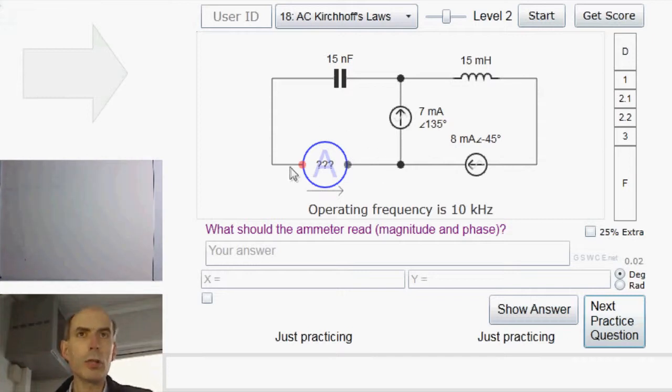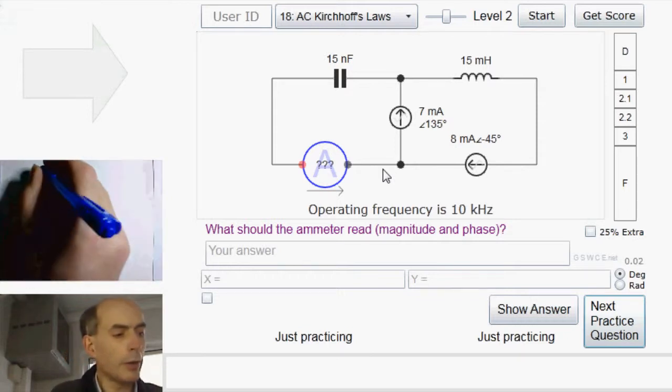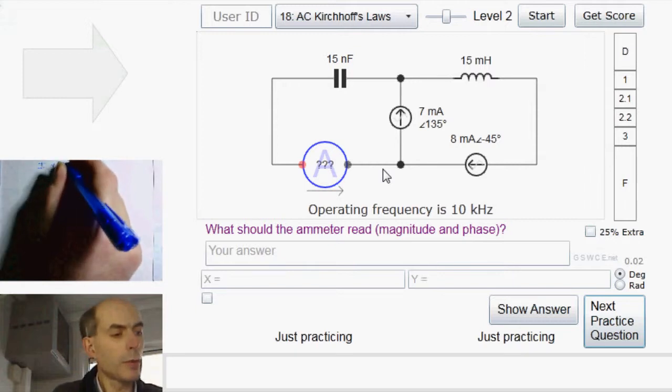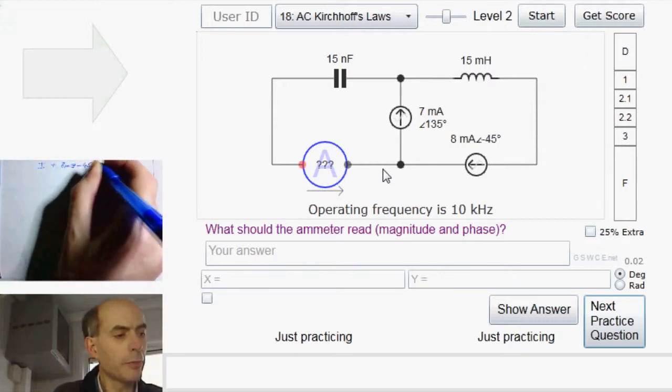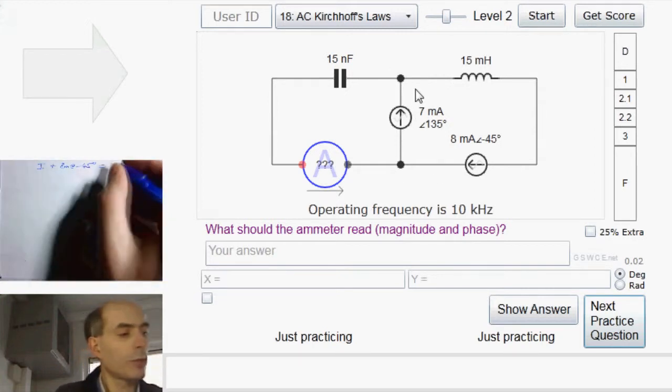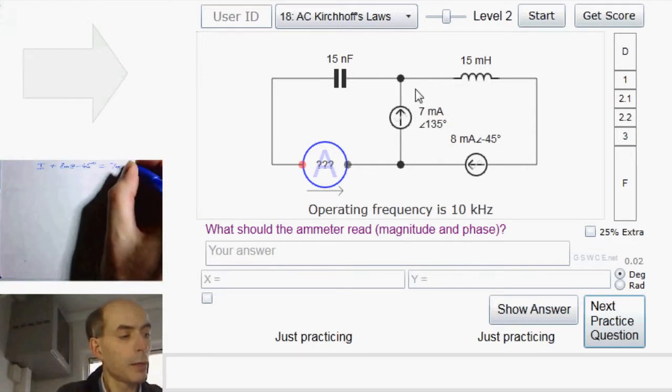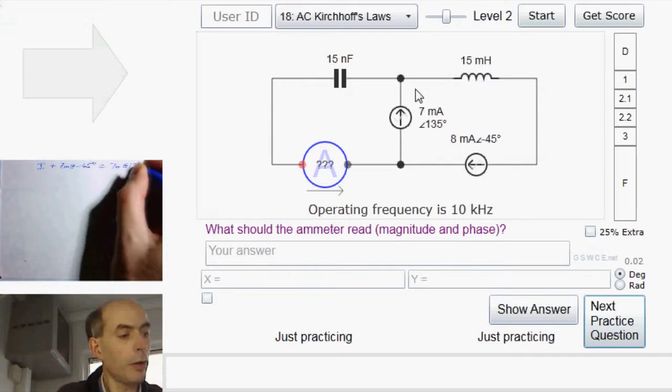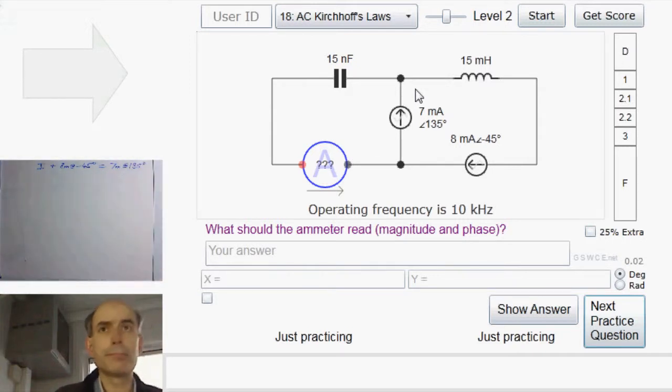Well, since the total current flowing into the node, that would be the unknown current I, plus the 8 milliamps at minus 45 degrees, must equal the total current flowing out, which in this case is 7 milliamps at 135 degrees.